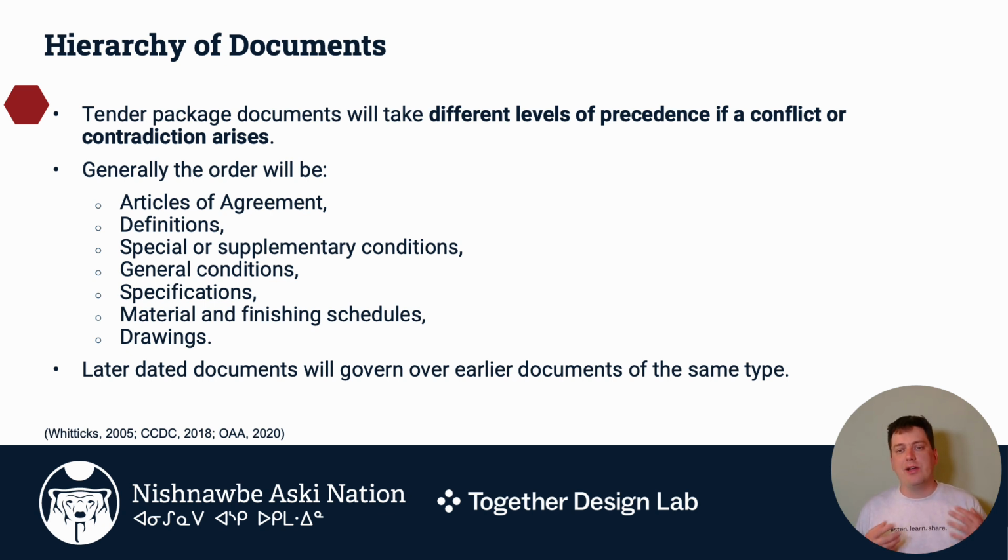Now, a final thing I want to touch on here, and we'll talk about this in the next module once again to reiterate this importance, but as your tender package goes out into the world, there can be the need for certain modifications or for certain clarification.